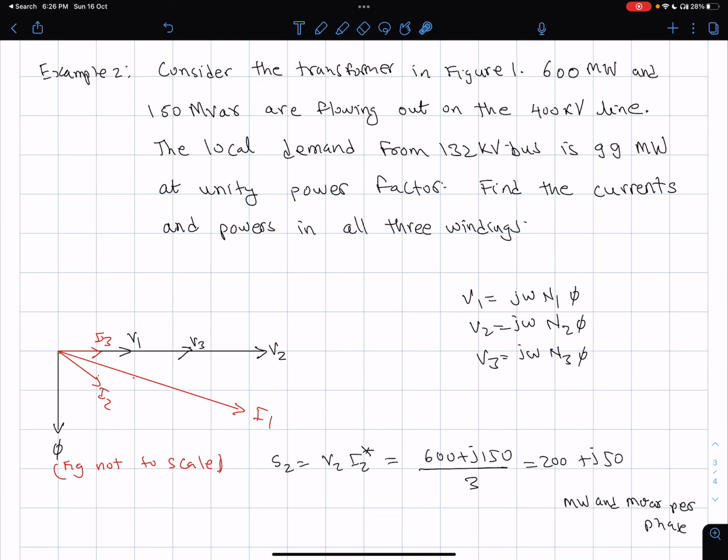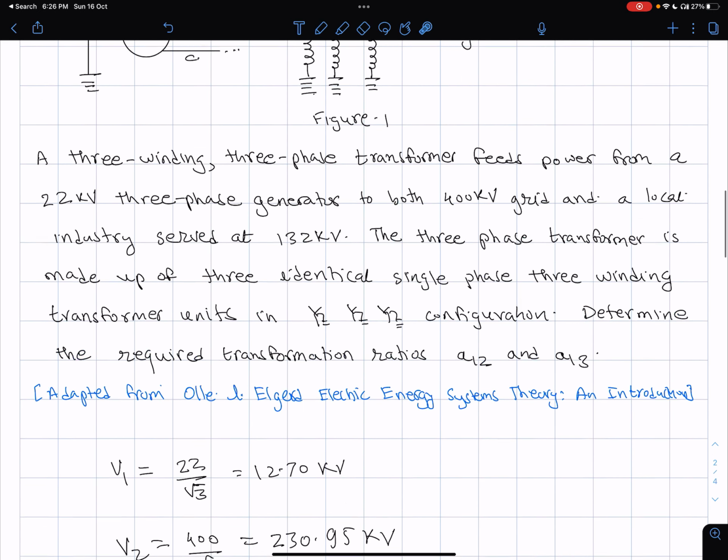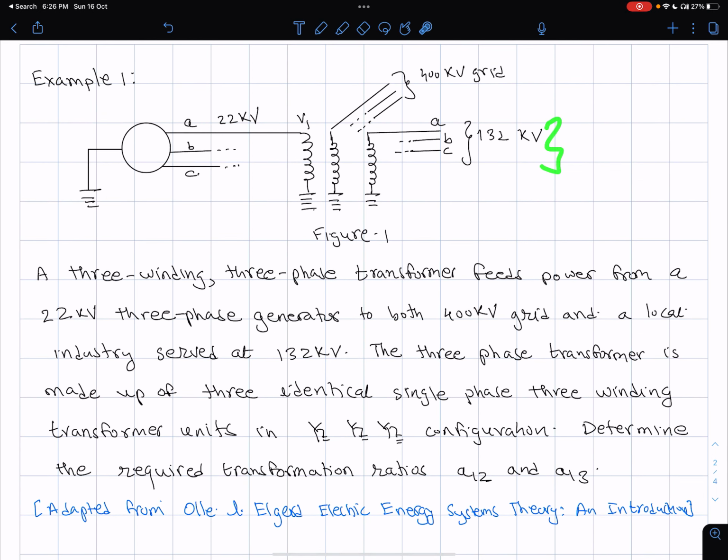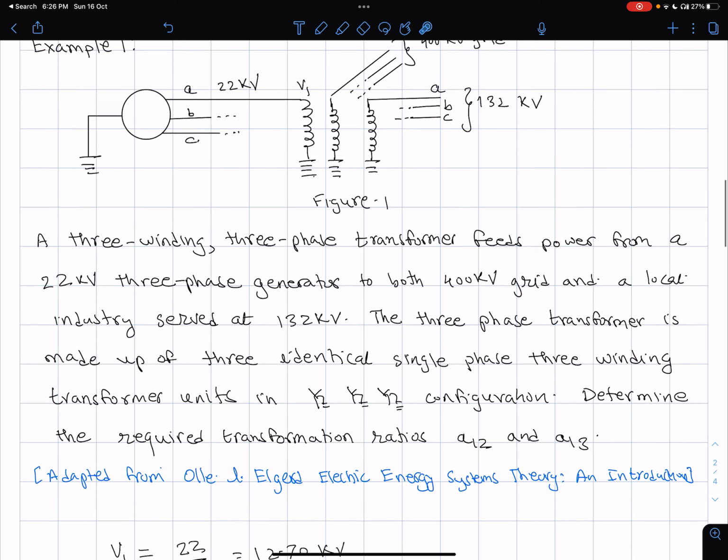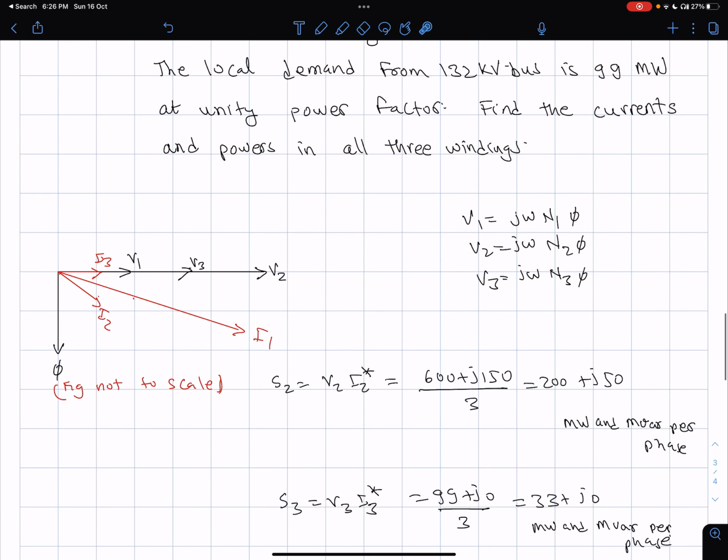V3 is the 132 kV side. This is V3, this is V2, this is V1. On V3 there is a unity power factor load. Therefore, the current I3 is going to be in phase with V3 because of it being unity power factor.